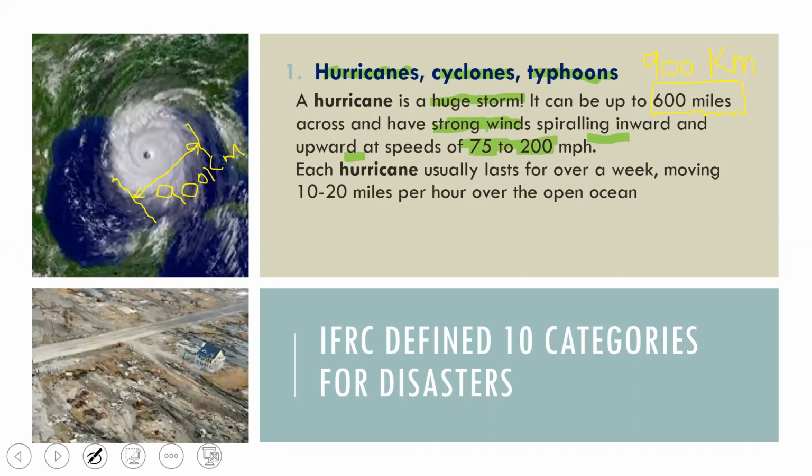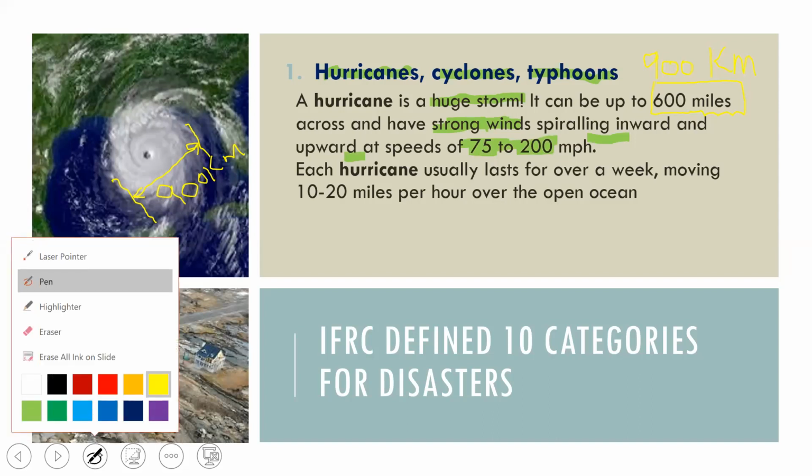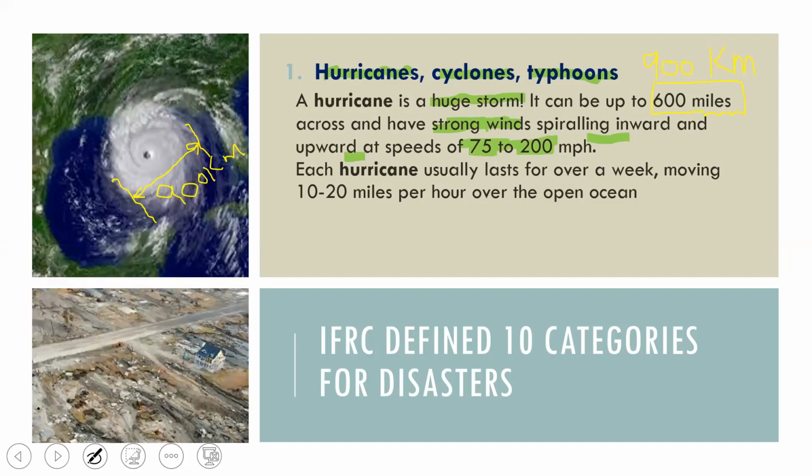What does this mean? The hurricane wind can reach from 100 to 300 kilometers per hour, maybe a little more than 300. And sometimes it may reach 600 or 700 kilometers per hour.